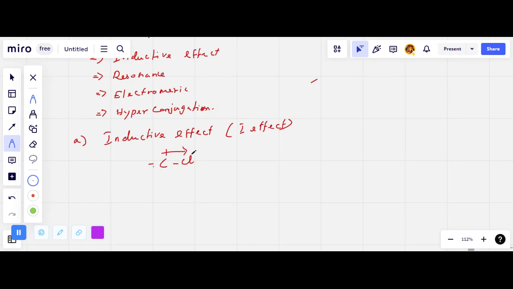So it attains partial negative charge. As the carbon donates the electron to the chlorine, it gets partial positive charge.